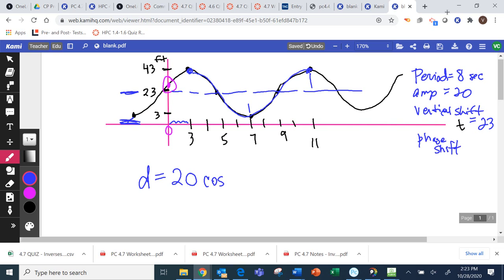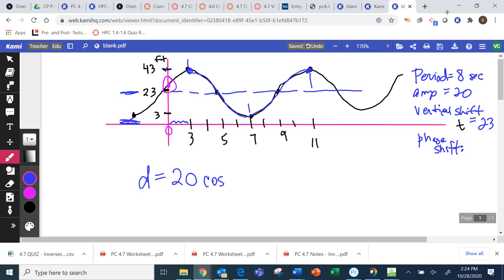Do we have a phase shift? Like normally cosine starts at like 1 and 0. It shifted up. It had an amplitude.